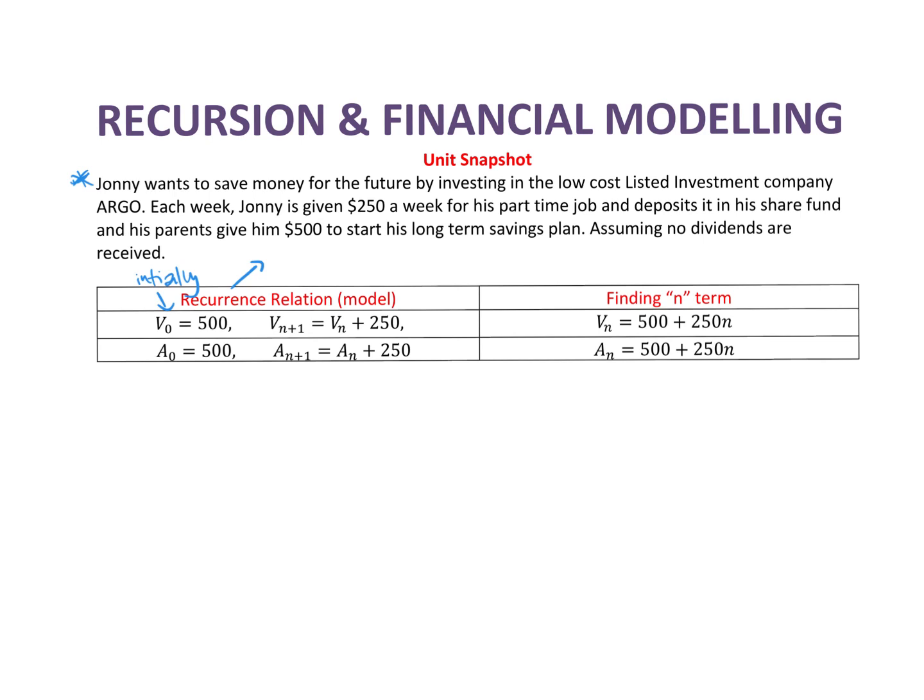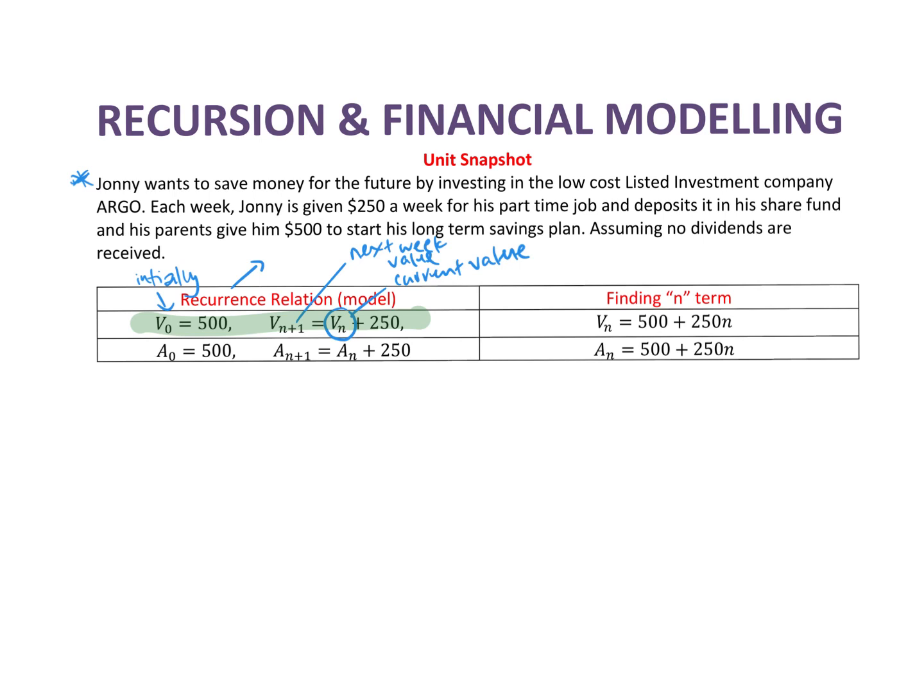What this means is how he gets the next week's value: he takes the current value and adds $250 to it. And so that's how we get it. That is a recurrence relation. When you write it out like that, where you tell what the initial value is with V0 equals, and then you write a rule of how you keep finding the next value, that's a recurrence relation.